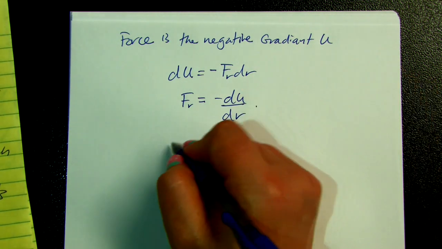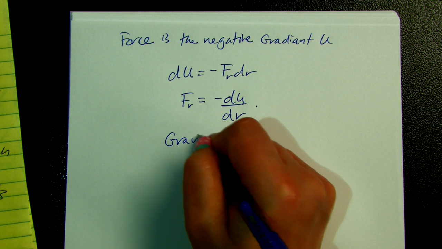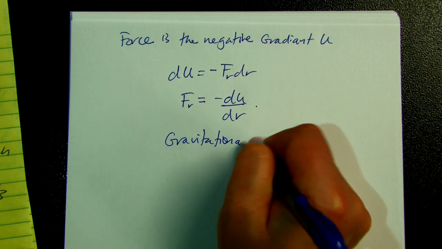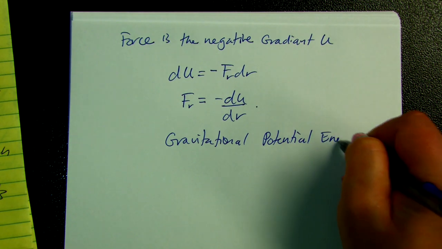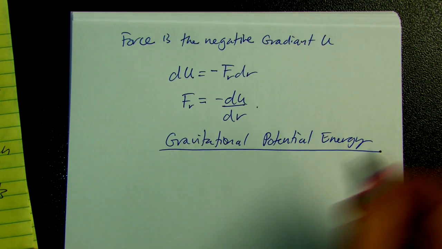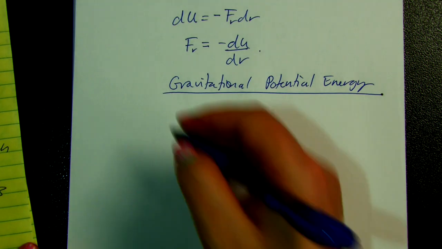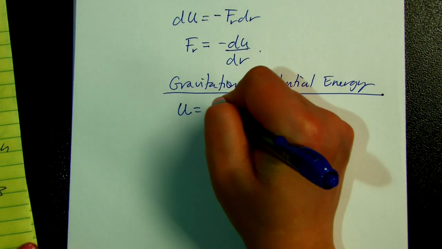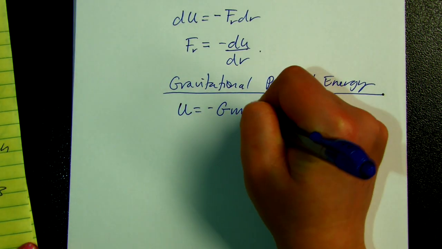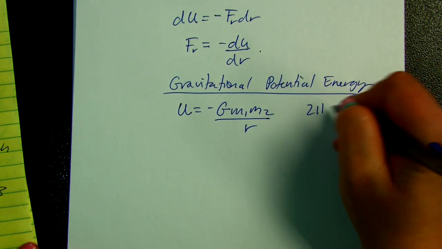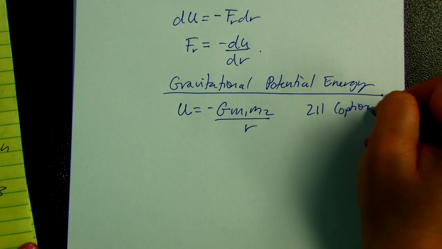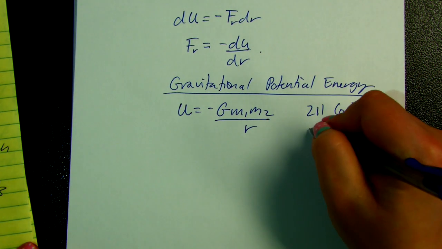Using this, we can get gravitational potential energy. The expression for gravitational potential energy for any system is U is equal to minus G M1 M2 over R. So 211, optional: see where this comes from.